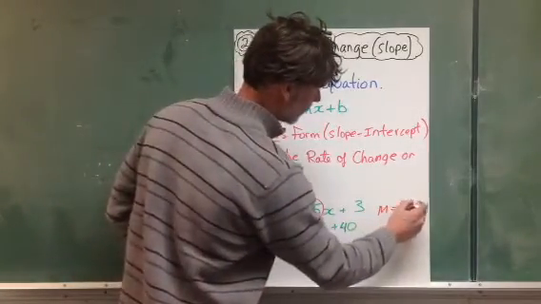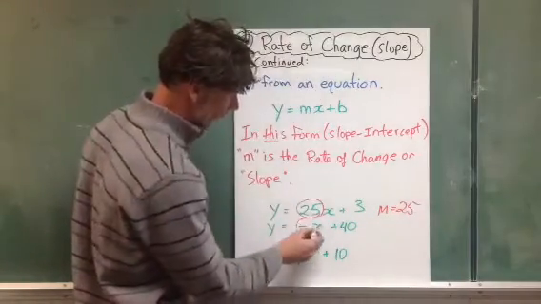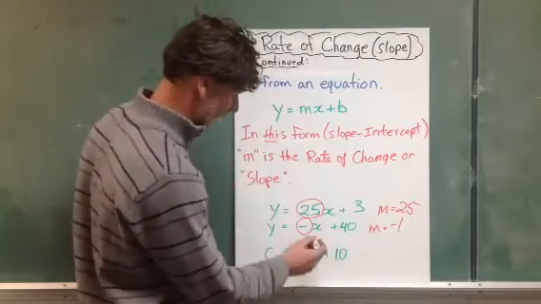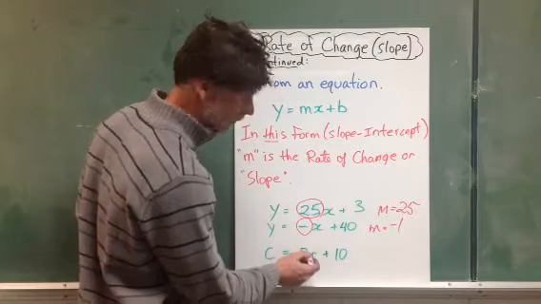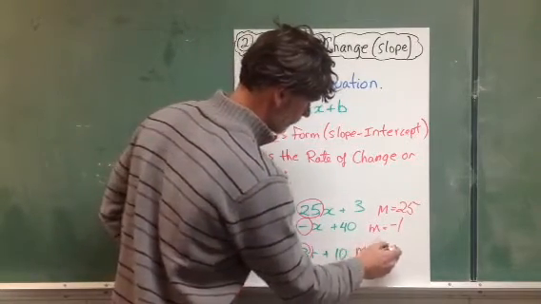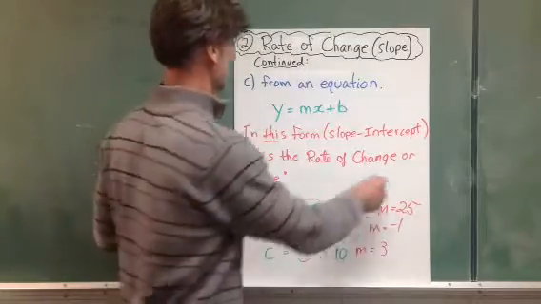Slope is 25. In this case, the coefficient of x, m equals negative 1. And here the rate of change is 3. Okay? And that's it.